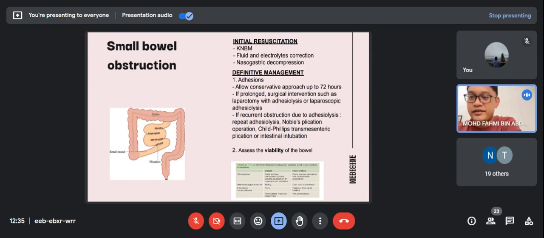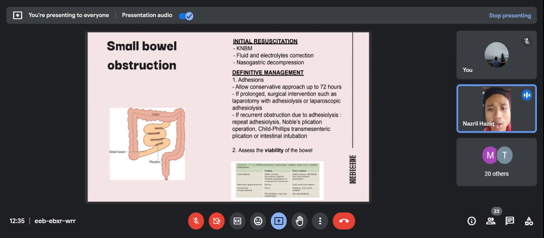Okay, you can proceed. For the definitive management of small bowel obstruction, the most common cause of small bowel obstruction is adhesions. In adhesions, we allow a conservative approach for up to 72 hours, in which we give fluid and electrolyte replacement, nasogastric decompression, and keep the patient nil by mouth, and wait for the symptoms to relieve.